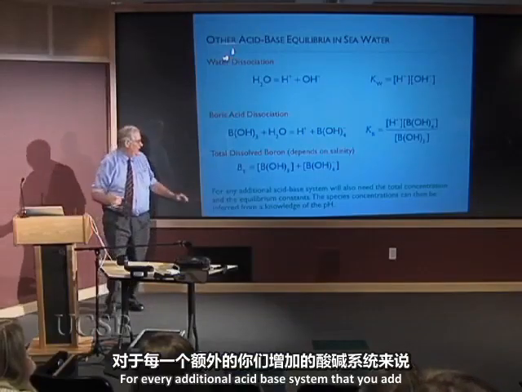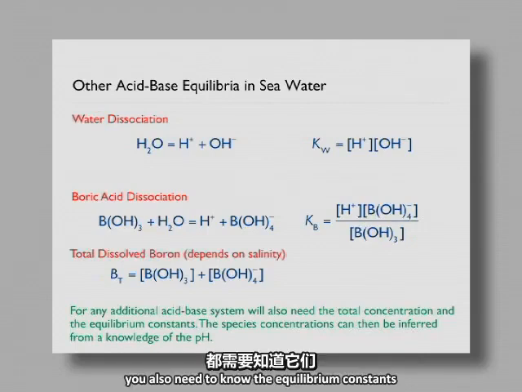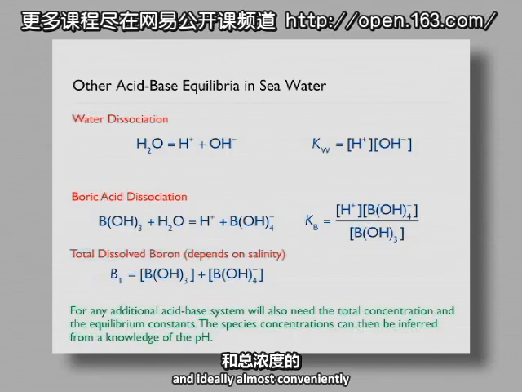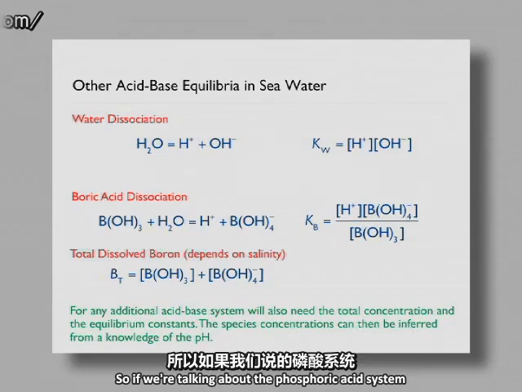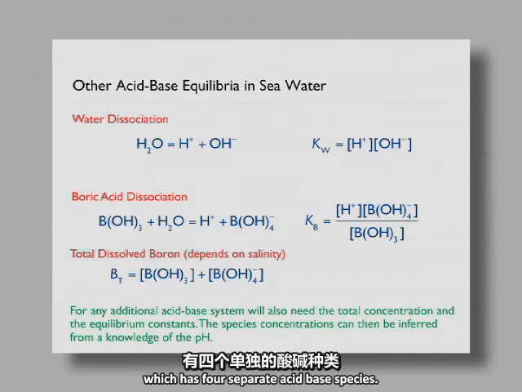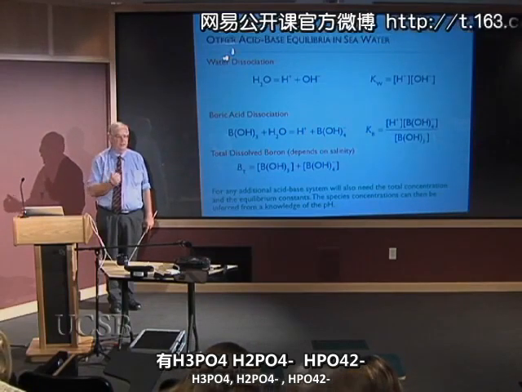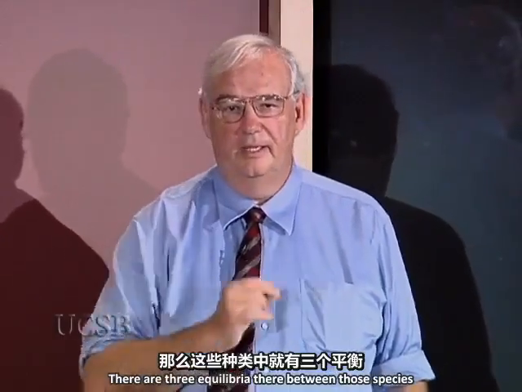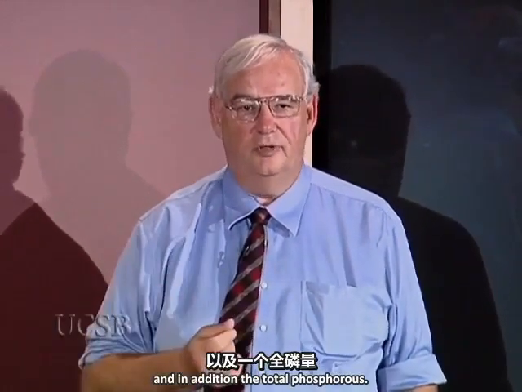For every additional acid-base system that you add, you also need to know the equilibrium constants appropriate to that acid-base system, and ideally, or most conveniently, the total concentration. So if we're talking about the phosphoric acid system, which has 4 separate acid-base species, H3PO4, H2PO4-, HPO4-2-, and the phosphate ion PO4-3-, there are 3 equilibria between those species, and in addition, the total phosphorus.